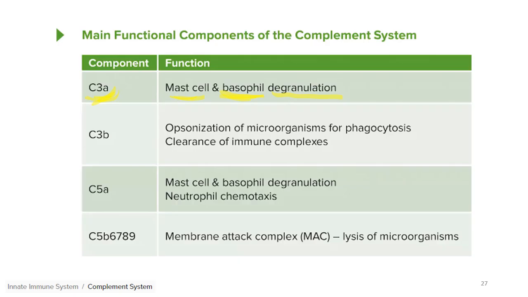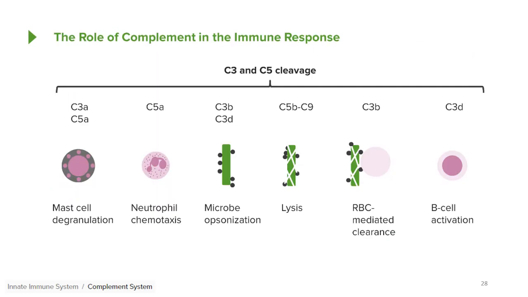Okay. All right. So here is the other part of C3. C3b, important for opsonization. All right. Tagging and interacting with other receptors. C5a is also important for degranulation and chemotaxis. All right, so this guy is also chemotaxis, but C5a is the more potent chemotactic protein. Okay. All right, so here we have a membrane attack complex.